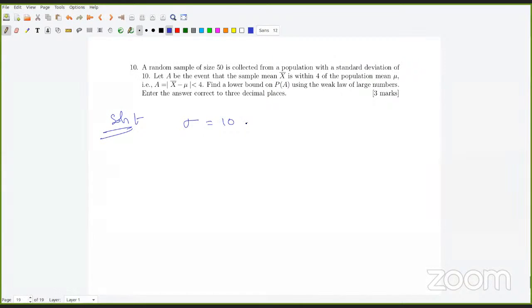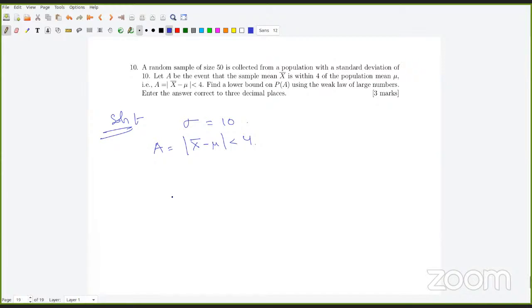That means the event A is actually mod of x bar minus mu is less than 4.